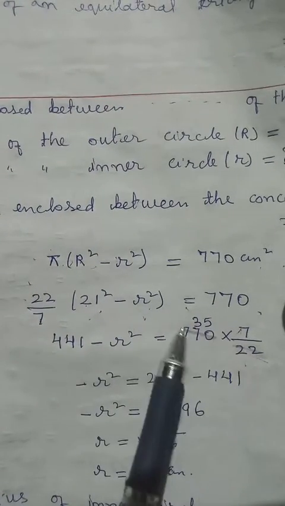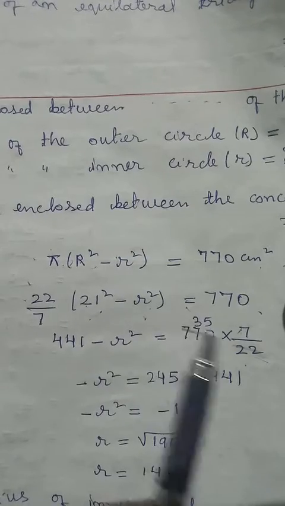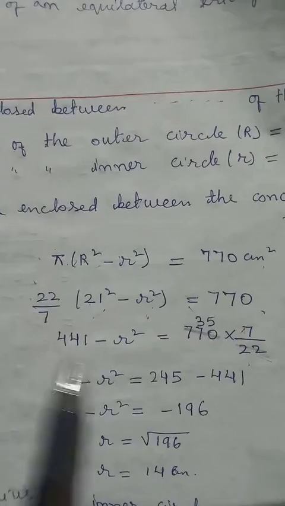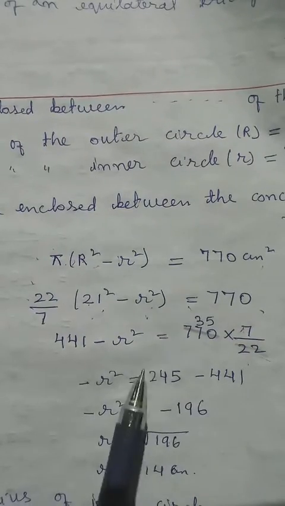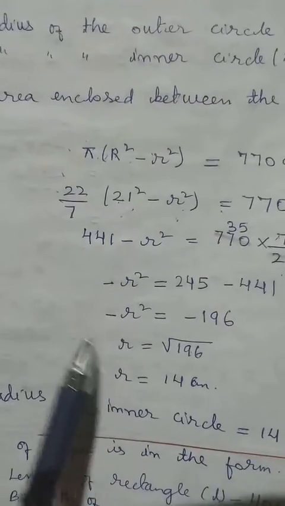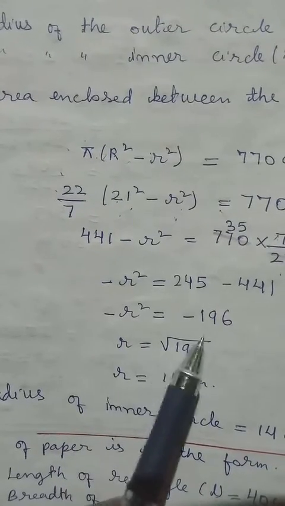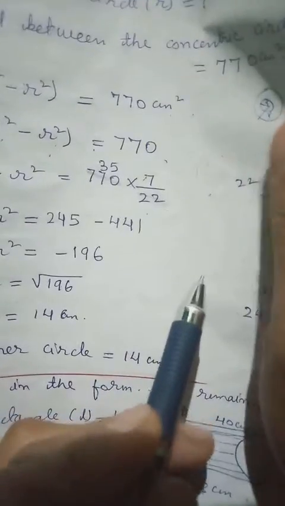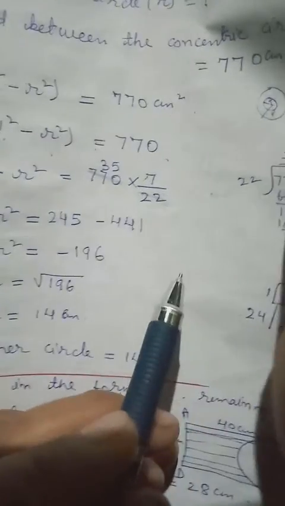So 22 divided here, we get 35. 35 into 7 is 245. This is plus, has no r, we take that side, it becomes minus. So minus cancels for both sides. r will be the square root of 196. The square root of 196, we know is equal to 14. So the inner radius is 14.